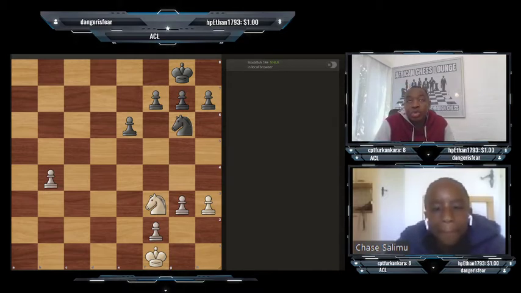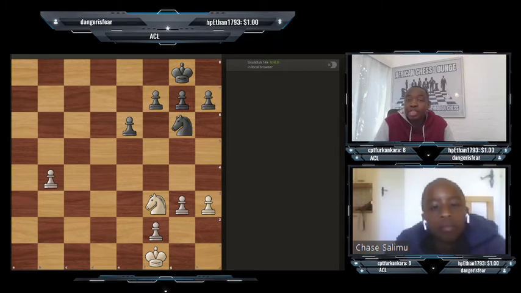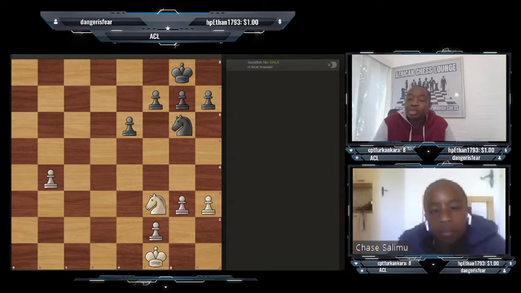Then the next thing you look at is initiative. This is who is in a position to cause threats, who's threatening something, right? And then you look at space. That's when you look at things like structure. Who's controlling more space? Who's got the better pawn structure? This determines space. So the last thing you look at is development. Who's got more developed pieces? So it's like time.